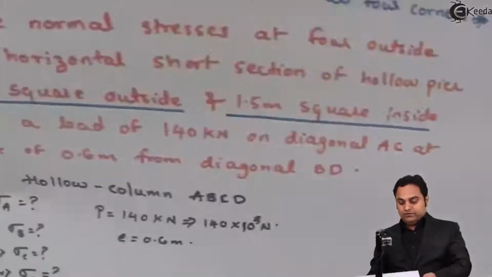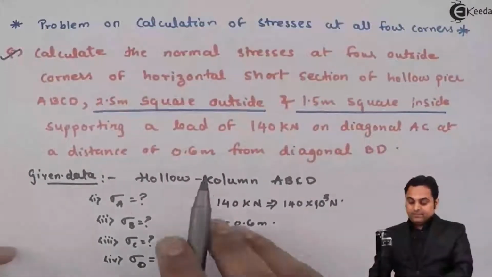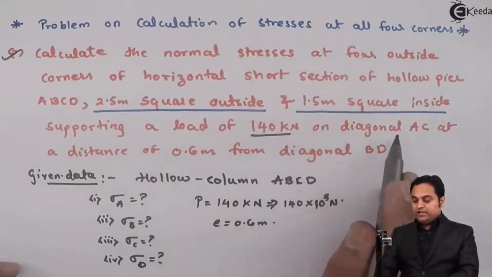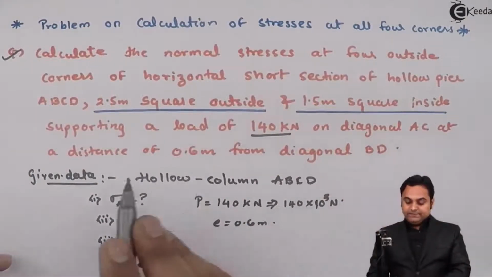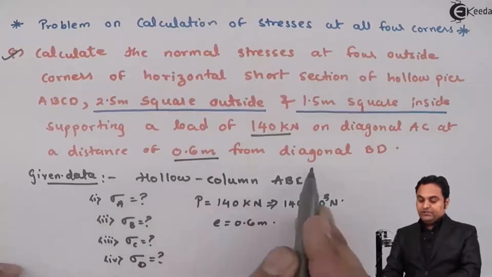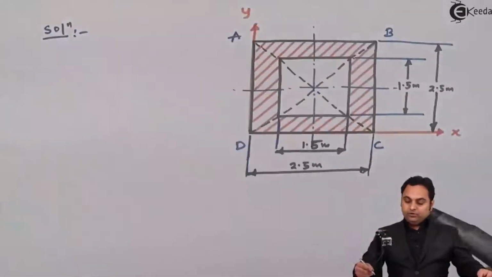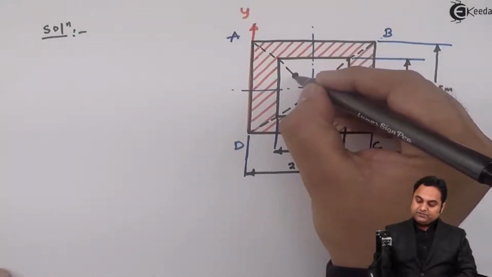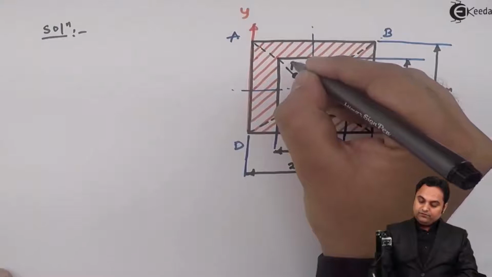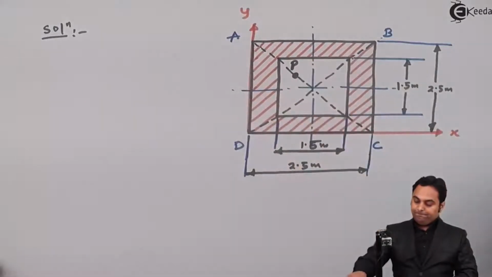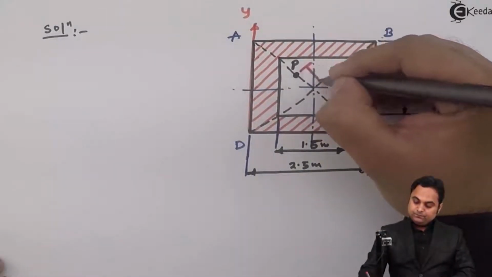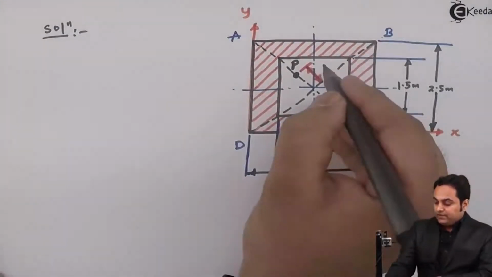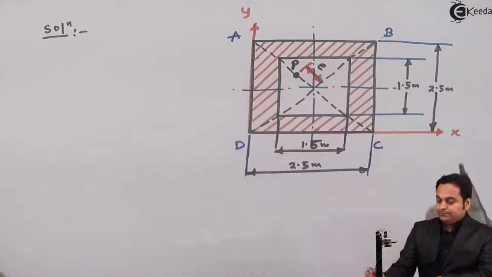Now joining the diagonals, it is said that supporting a load of 140 kilonewton, which is on diagonal AC, and it is at a distance of 0.6 meter from diagonal BD. So from diagonal BD, 0.6 meter distance, here the load is located. This distance is eccentricity E.